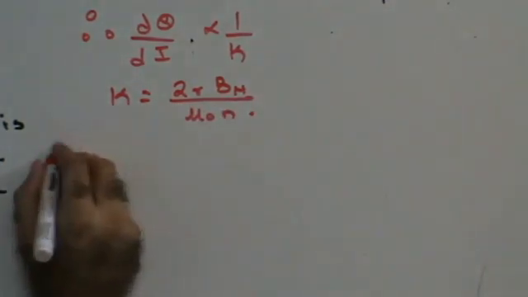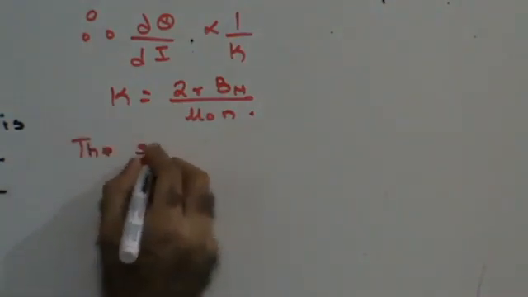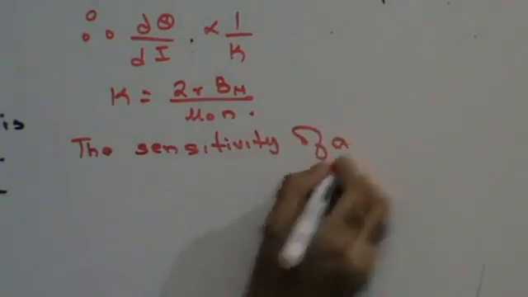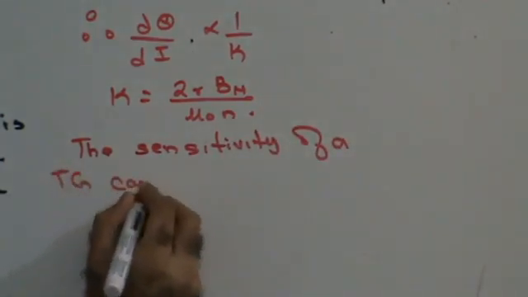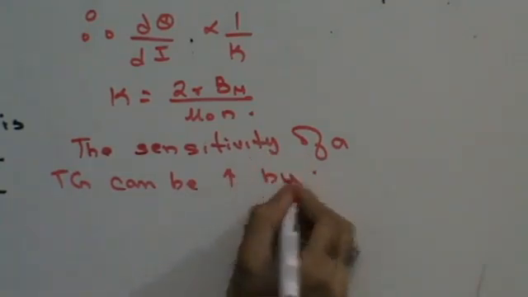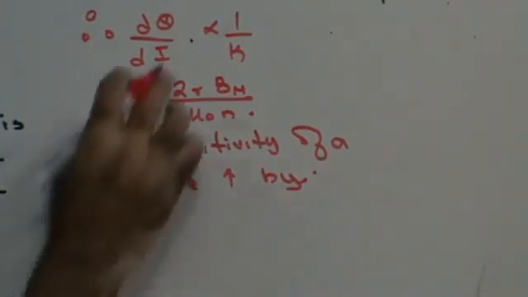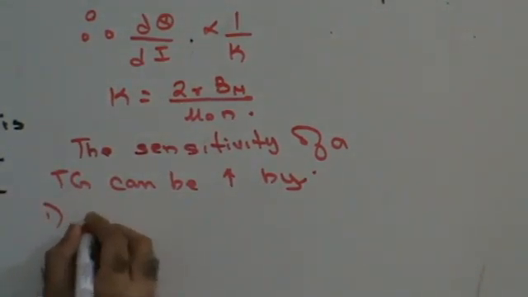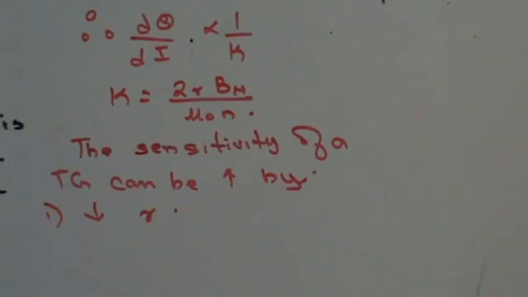Thus, I can say that the sensitivity of a tangent galvanometer can be increased by, it is inversely proportional to K, so by reducing the radius. If I decrease the radius, the sensitivity will increase.